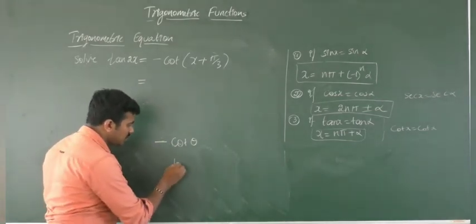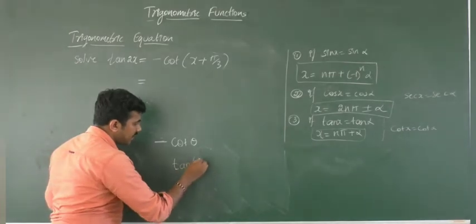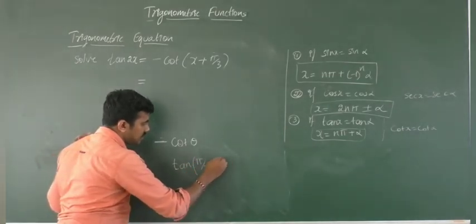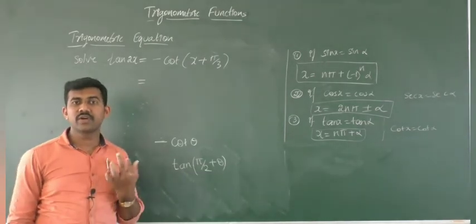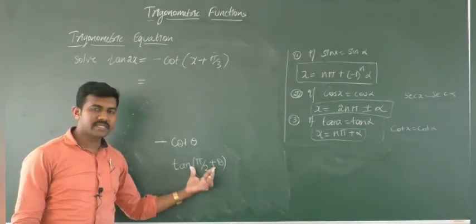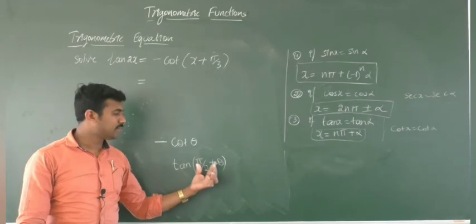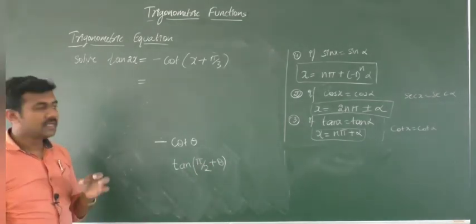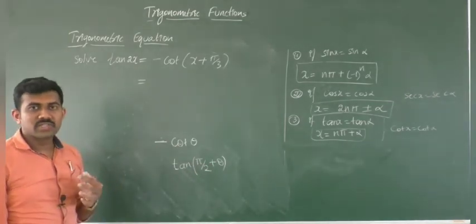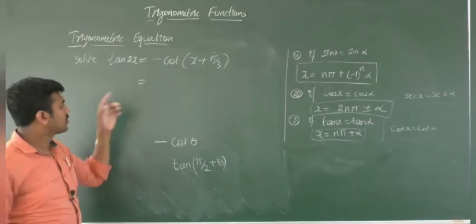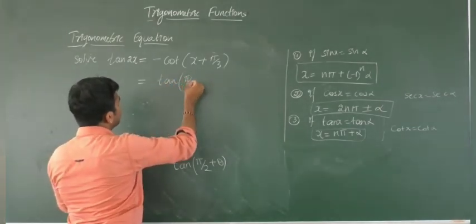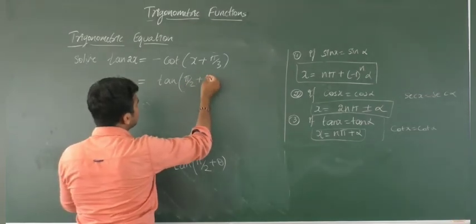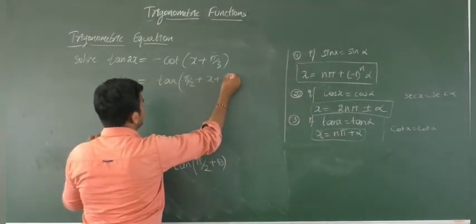We know tan of 90 plus theta, very simple, you can write 90 plus theta in the second quadrant. If you consider this in the second quadrant, tan 90 plus theta is nothing but minus cot theta. So this can be written as tan 90 plus theta, where theta is x plus pi by 3.